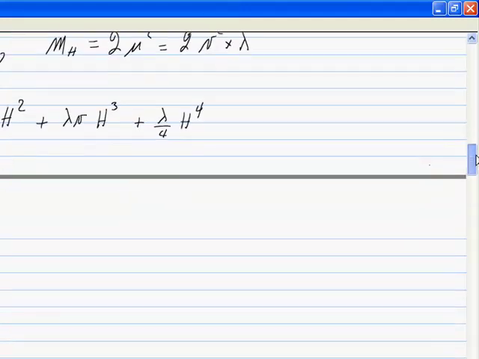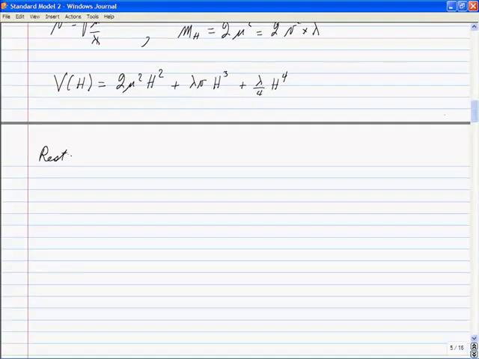Okay, let's quickly do the rest of the story. So that's the bare bones story. The rest of the story of the Higgs mechanism is this business about the degrees of freedom.